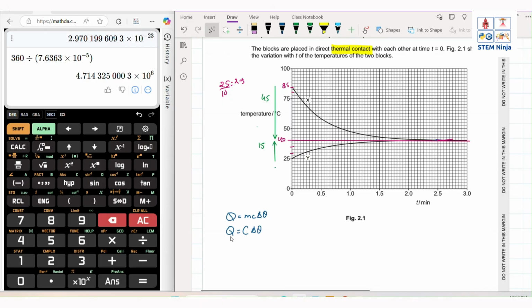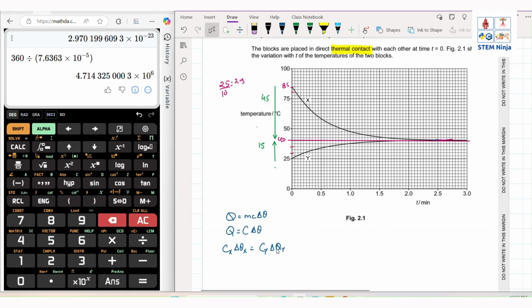So since energy lost is energy gained because there's thermal contact over here, Cx delta theta x is equal to Cy delta theta y.